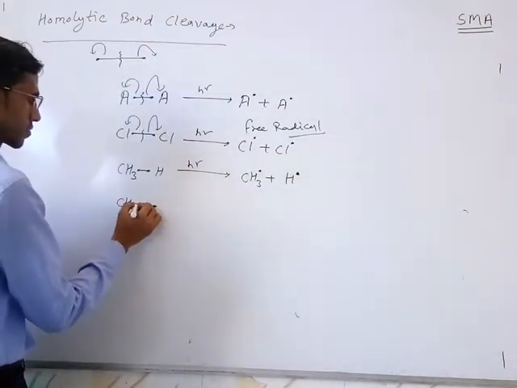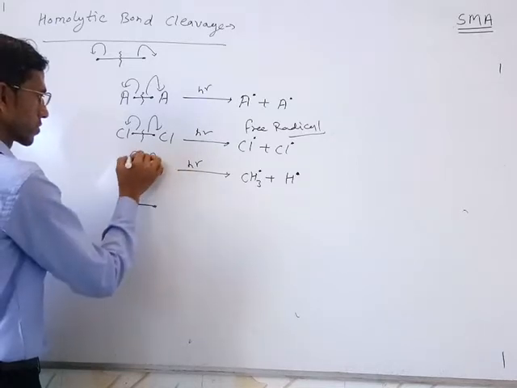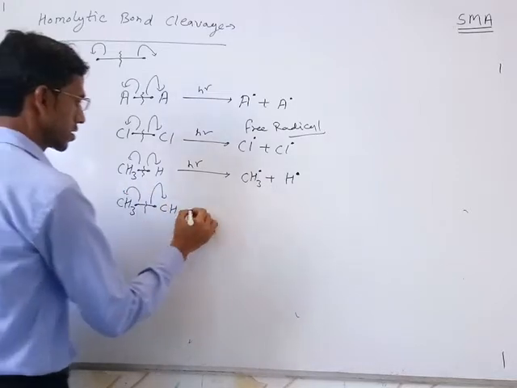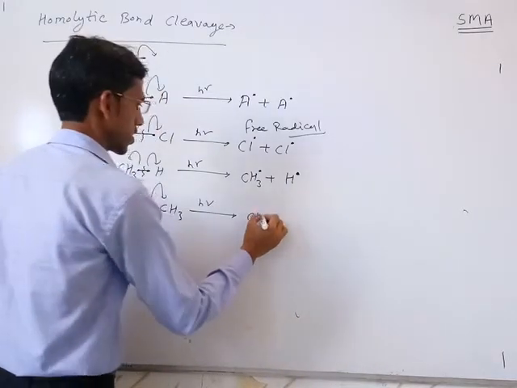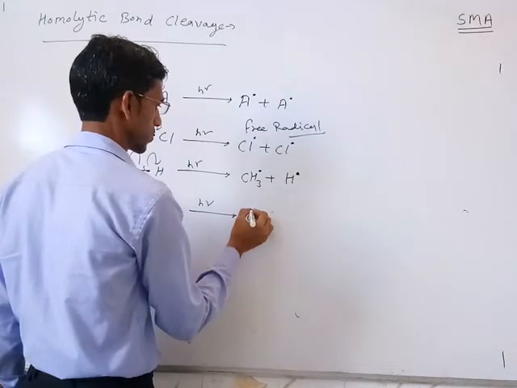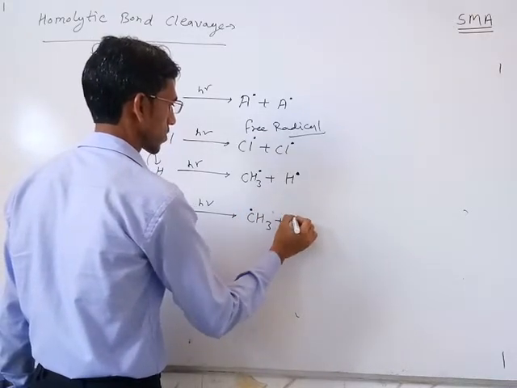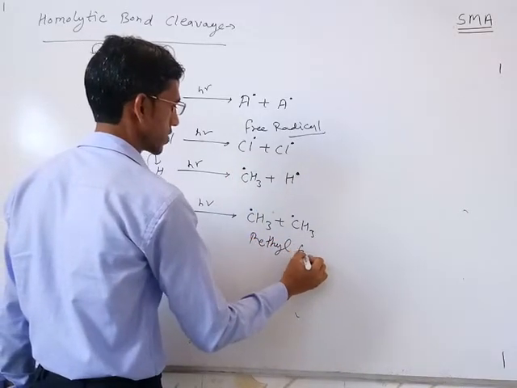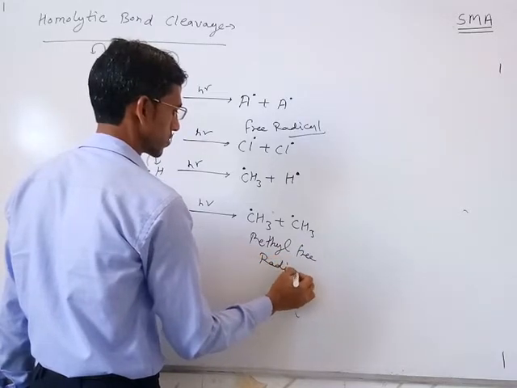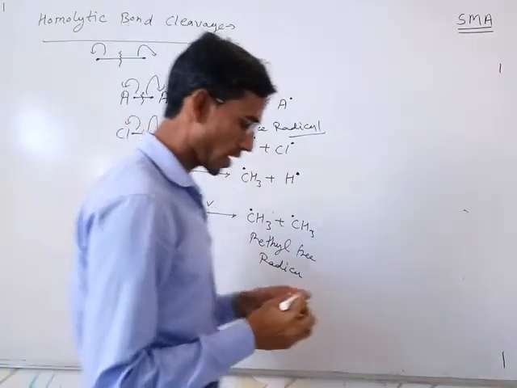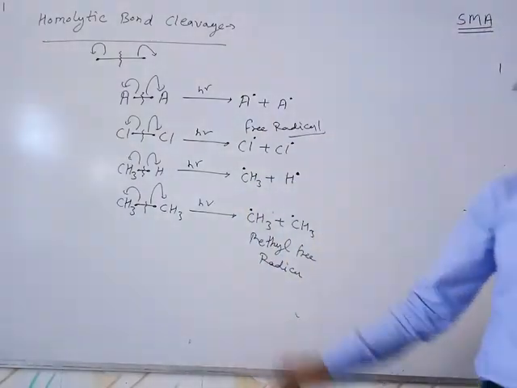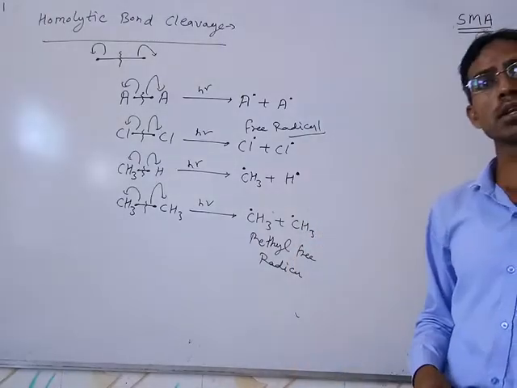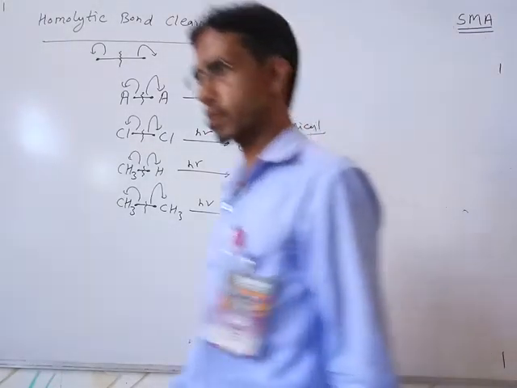Other example: ethane is decomposed into CH3 free radical plus CH3 free radical, so methyl free radicals. If homolytic bond cleavage is found in any reaction, then the reaction intermediate is a free radical. Free radicals contain unpaired electrons. Take a screenshot.